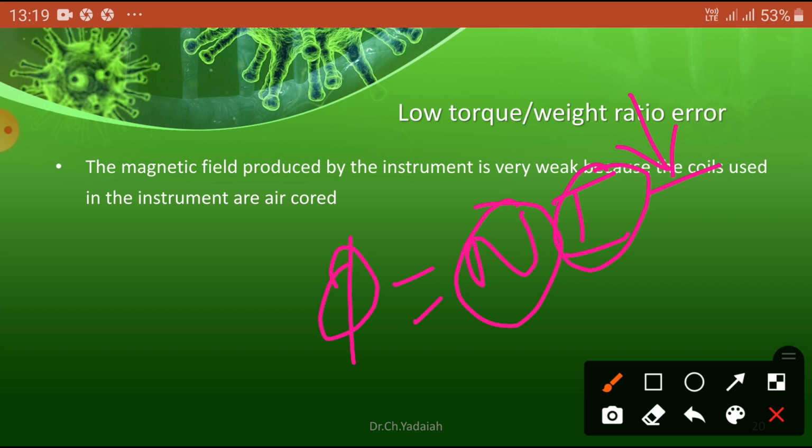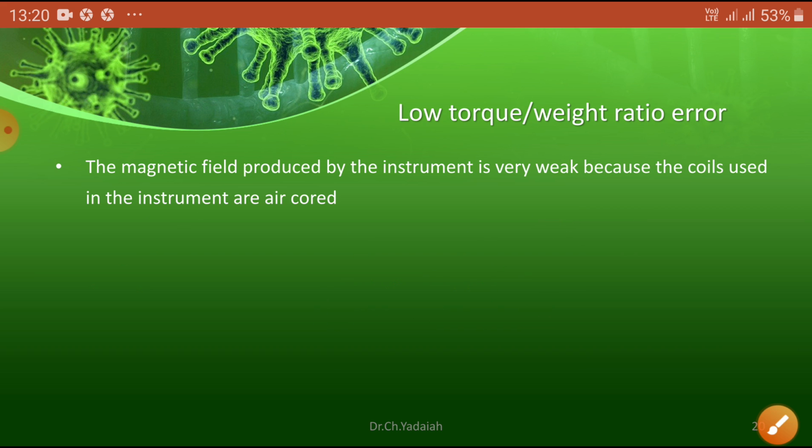Instead of the same 1 ampere, to get 2.5 milliwebers, I am going to increase the number of turns. If turns increase, the weight of the copper increases and the resistance of the winding also increases. This leads to mechanical unbalance and weight, so the torque by weight ratio decreases.